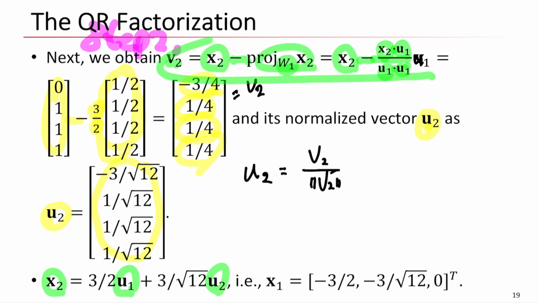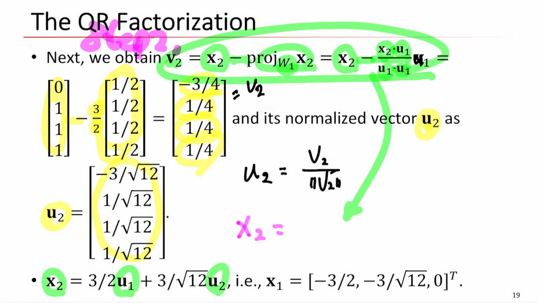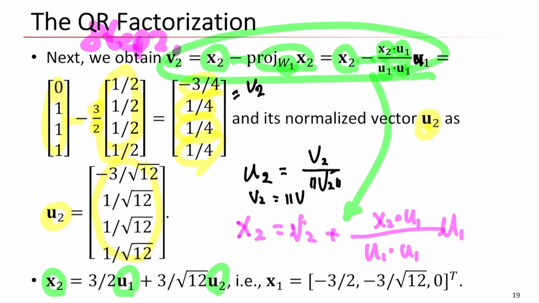So x2 is equal to v2 plus the projection of x2 onto u1, that is x2 inner product u1 times u1, right? And v2 is equal to the length of v2 times u2, right?